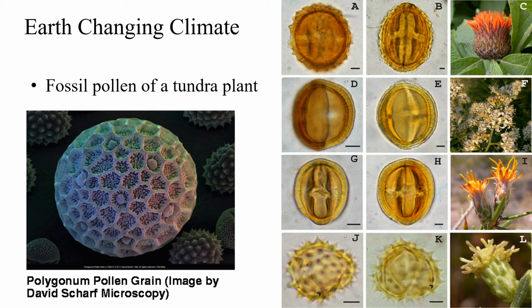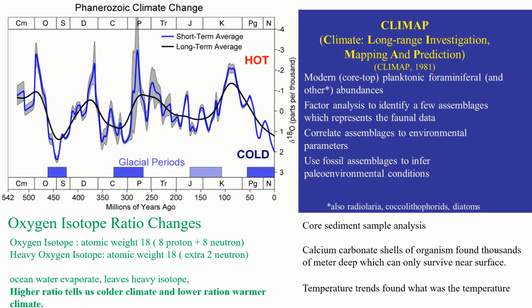One of the climate proxies is fossil pollen on the plant, that we can get from the sediment. And then we have oxygen isotope ratio changes, how heavy the oxygen is. A higher ratio tells us colder climate, and a lower ratio tells us warmer climate, in terms of the concentration of oxygen isotope in the ocean.